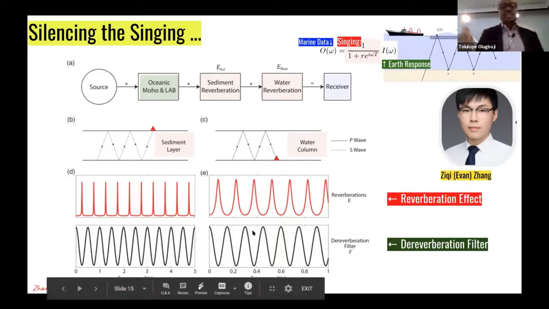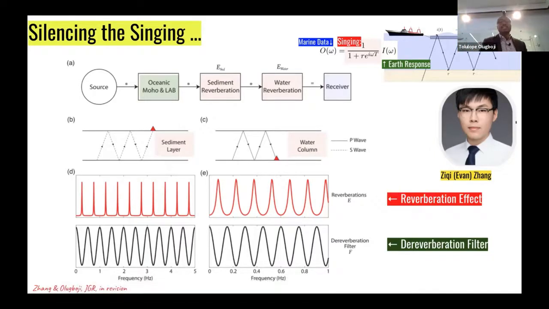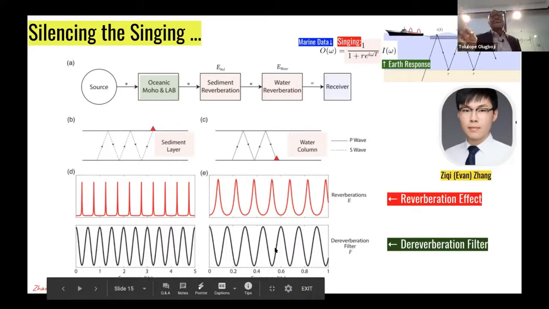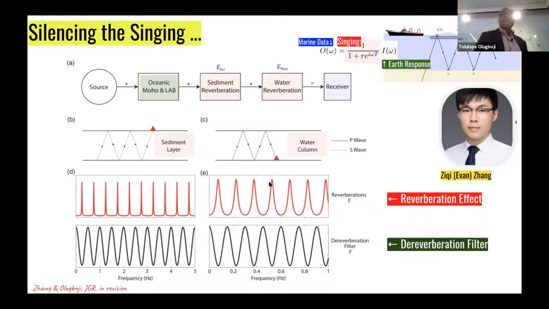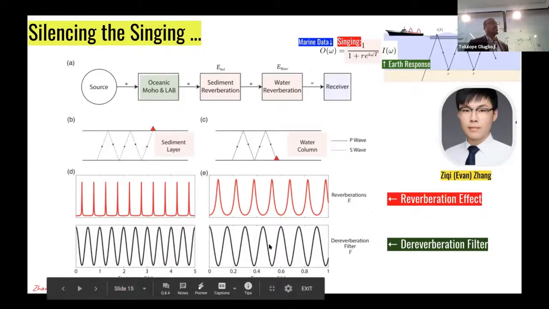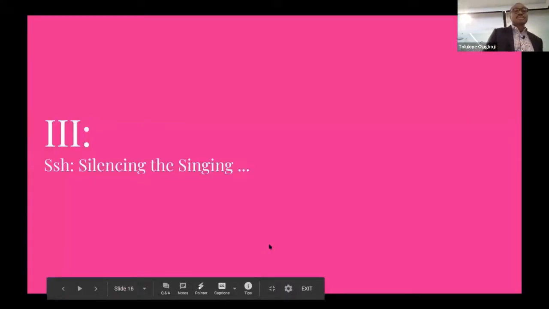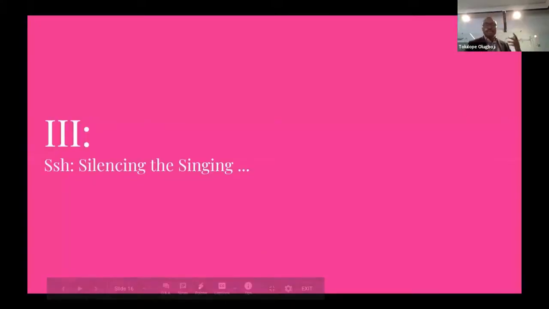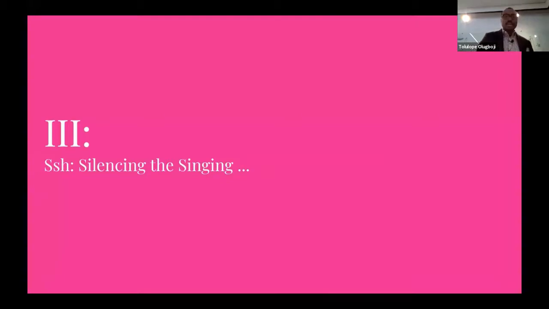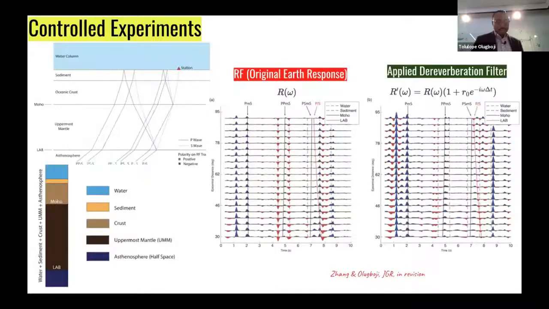When you design an appropriate de-reverberation filter, you design a cyclic notch filter that matches the reverberation effect and knocks it out. Essentially the peaks, the high amplitudes in the reverberation filter, are matched by low amplitudes in the de-reverberation filter. So to silence the singing of sediments, design an appropriate filter and use it to remove the offending reverberations.